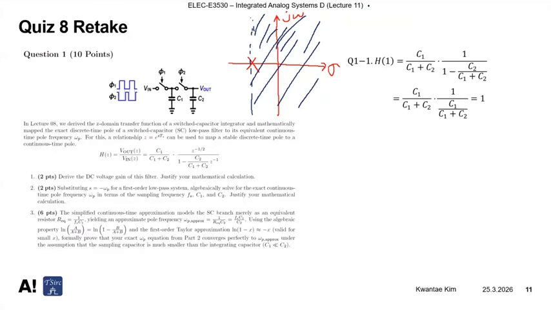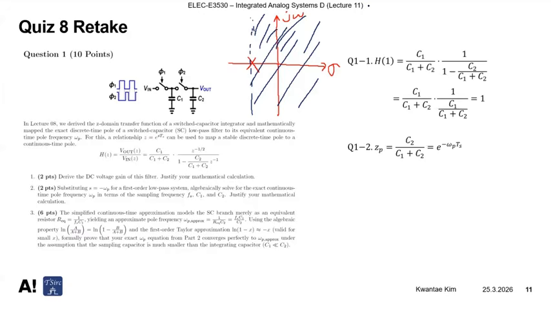So we can substitute S equal to minus omega p, because now we have a left half plane pole, and let's assume that we have it, which is true because this is a stable system, first order low pass filter. Then simply you can calculate what is the continuous time equivalent pole frequency. First of all, you get the Z domain pole here, which is equal to C2 over C1 plus C2.